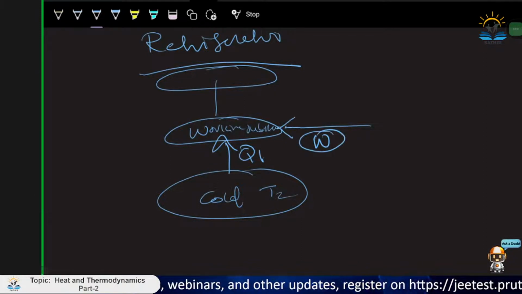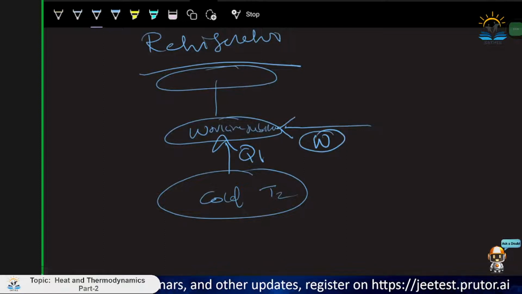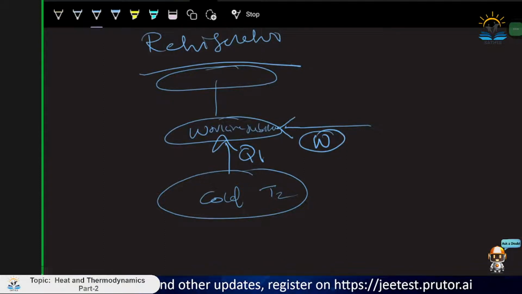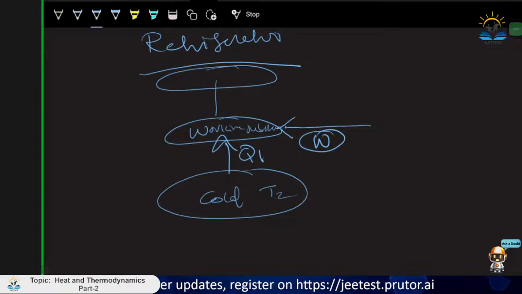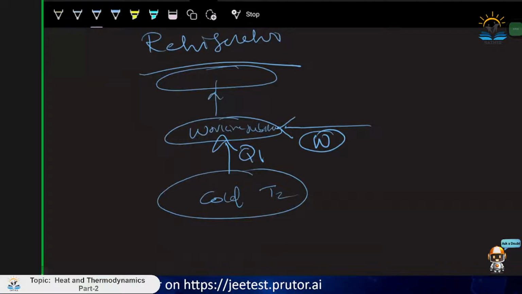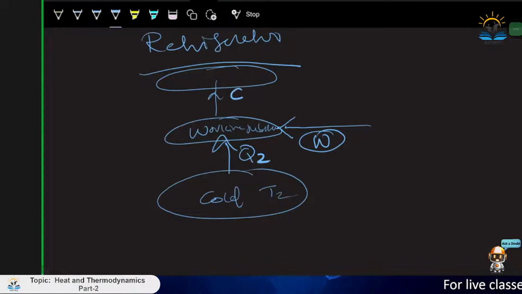Using that work, the working substance is working, and it is transferring Q2 heat from the cold reservoir and giving a Q1 heat to the hot reservoir.